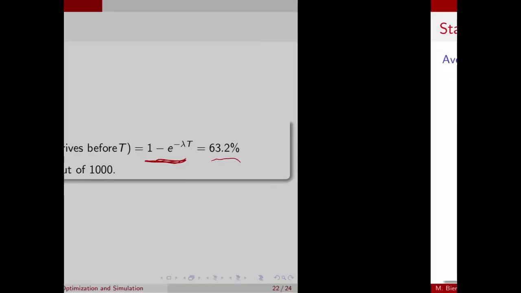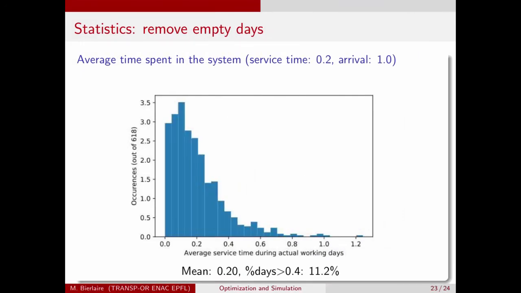But still, I can continue the analysis and look only at the days where there was actually something happening. So here I have analyzed the statistics where I have removed what I call empty days, meaning days where no customer was served in the bar. Then I can look at this distribution. Basically I have removed the first peak.